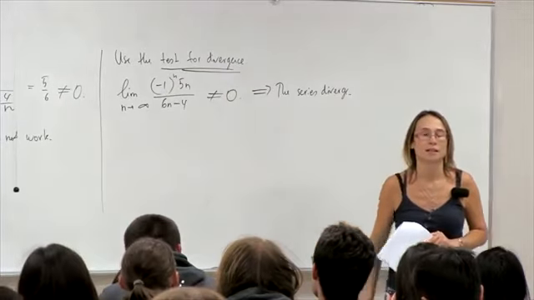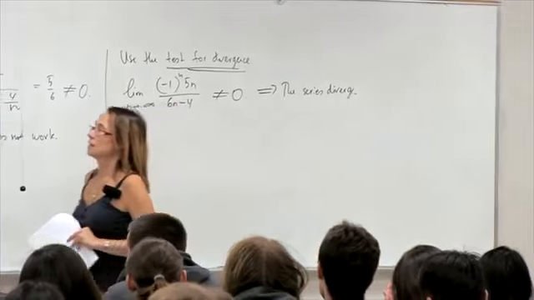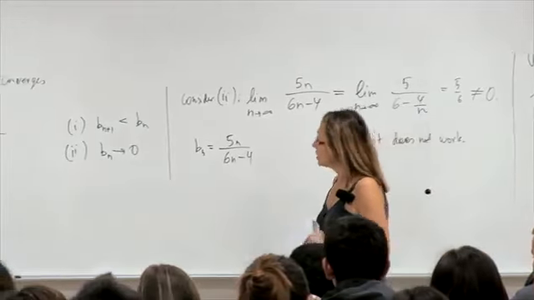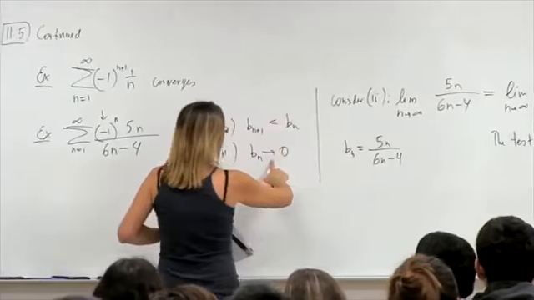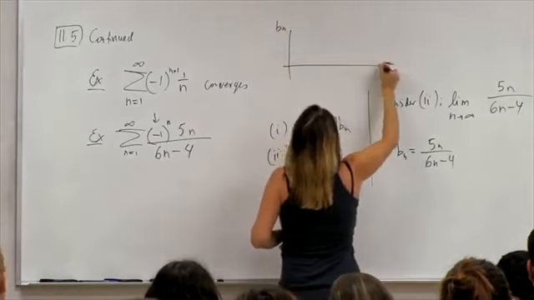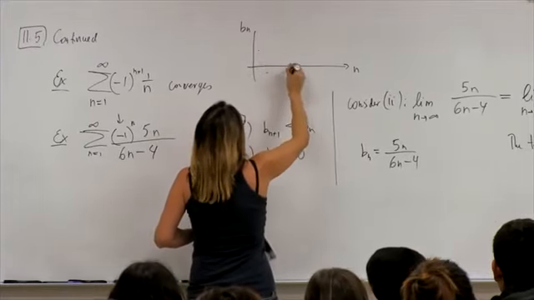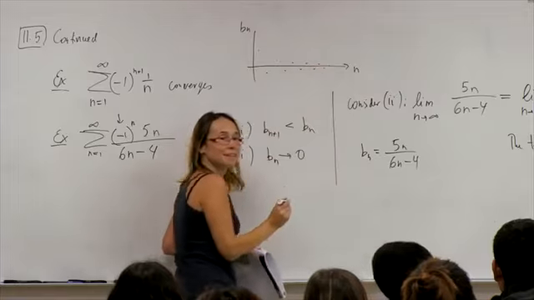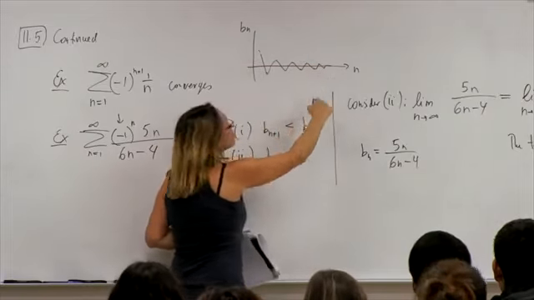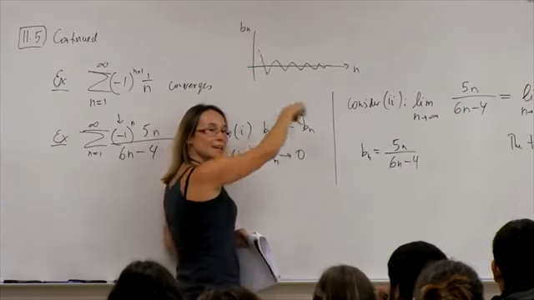Question? I'm looking at the two conditions for the alternating series test. Is there a circumstance where the second one would be met, but the first one would not? Yes, of course. Let's draw b n as a function of n. They can go to 0, but they can be like this, right? So the sequence goes to 0, so 2 is satisfied, but it's not a decaying sequence.